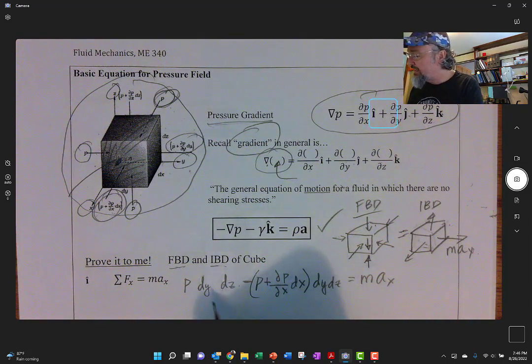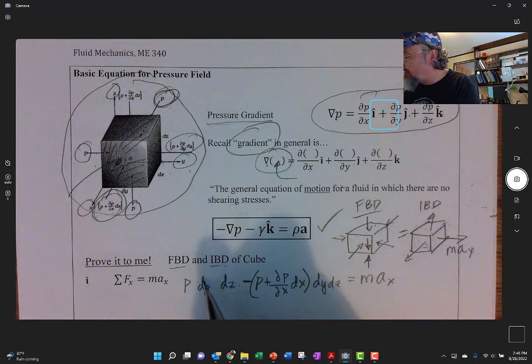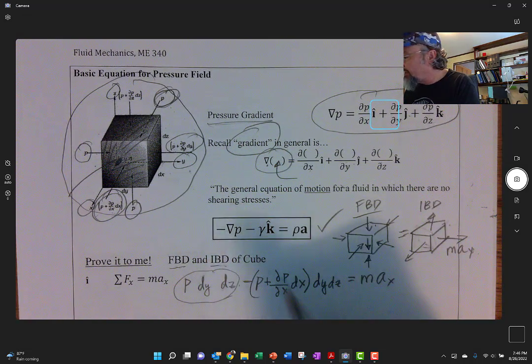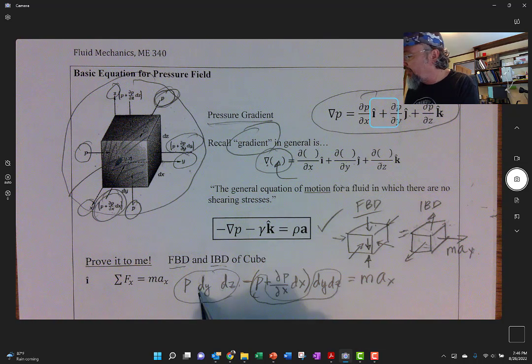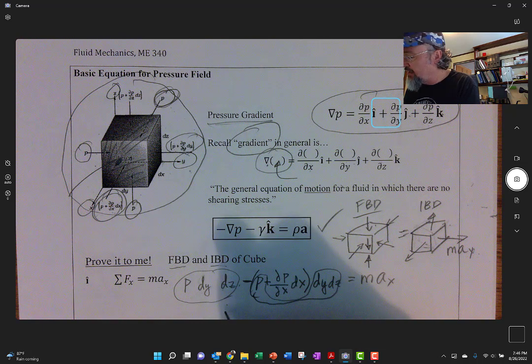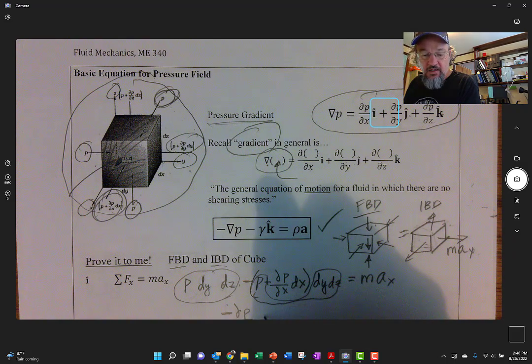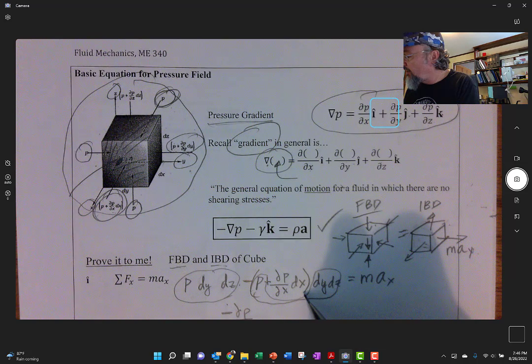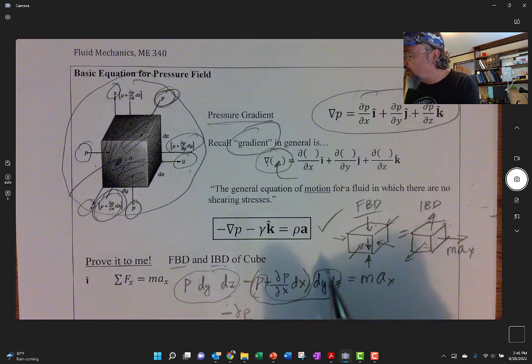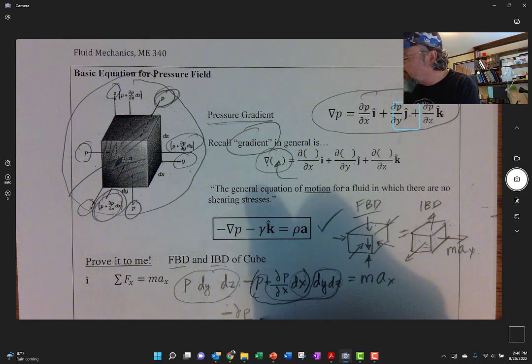So we take a look at this, and first we note that we're going to have this guy and the combination of those guys are going to cancel each other out, right? So what we're left with is negative del p del x, times dx dy dz, right? So let's do it in steps.